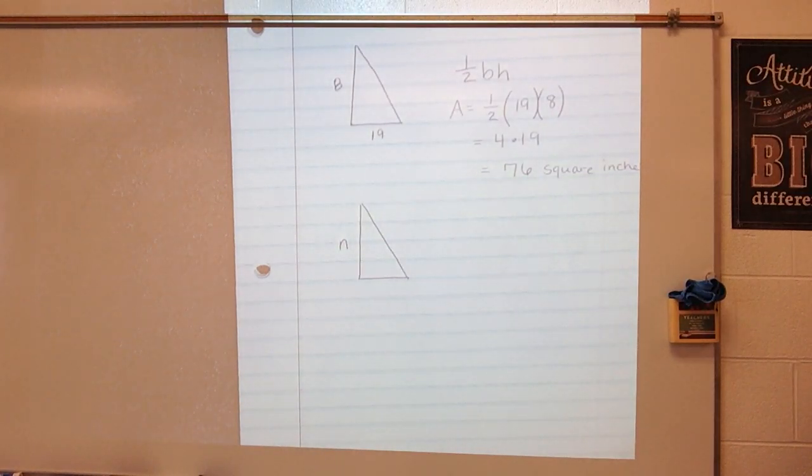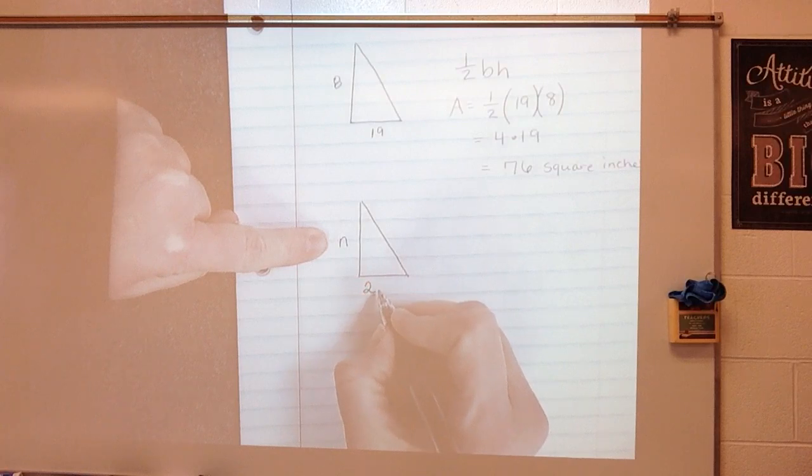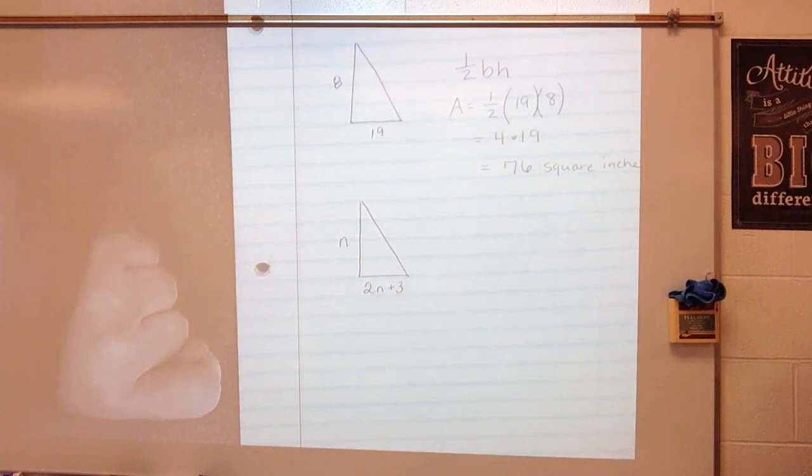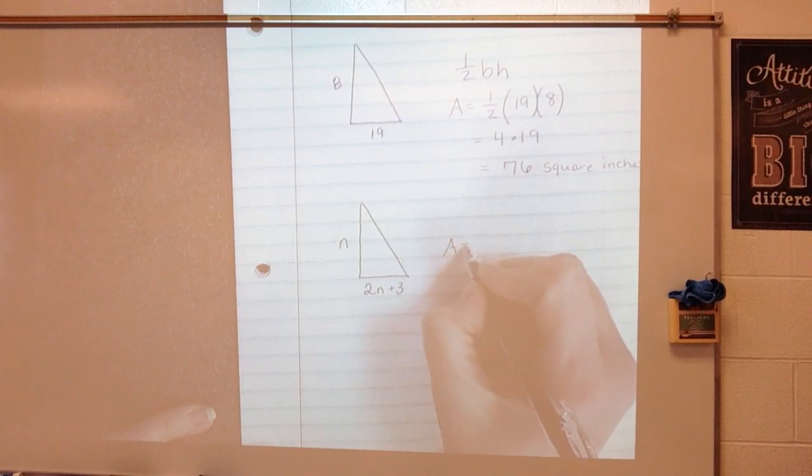It tells us that the horizontal leg is 3 inches longer than twice the vertical. So twice the vertical would be 2n plus 3. And now I'm just going to plug that into my formula here.